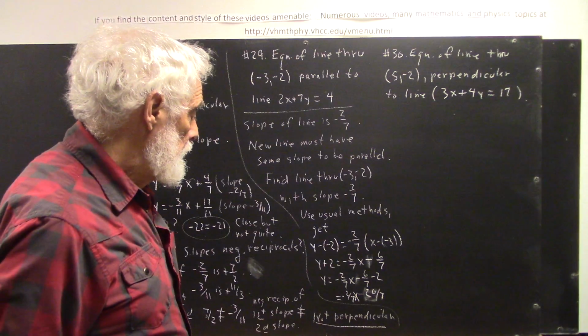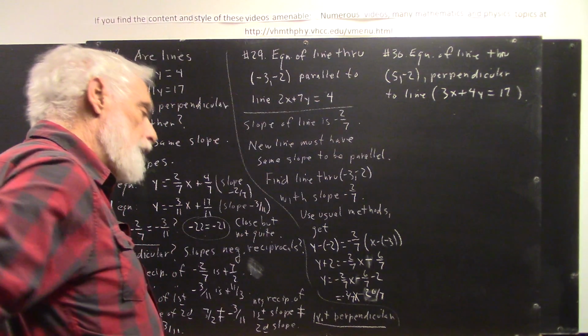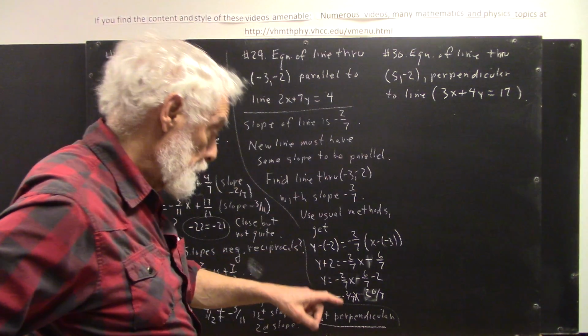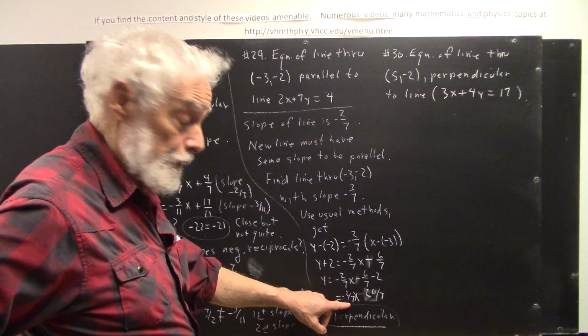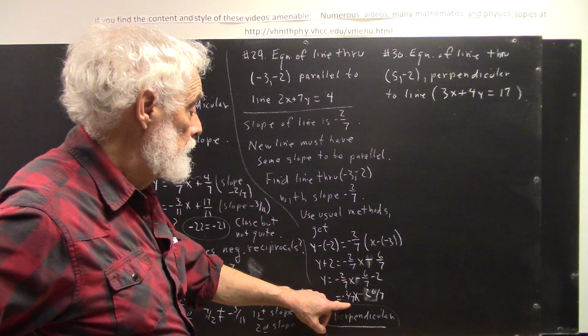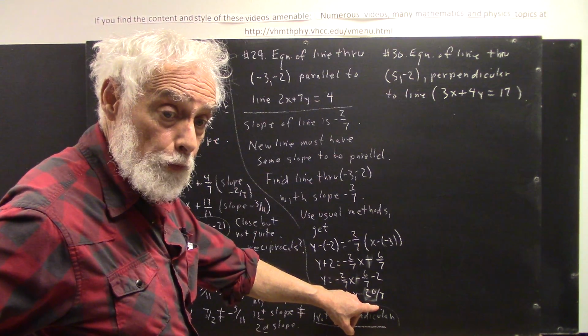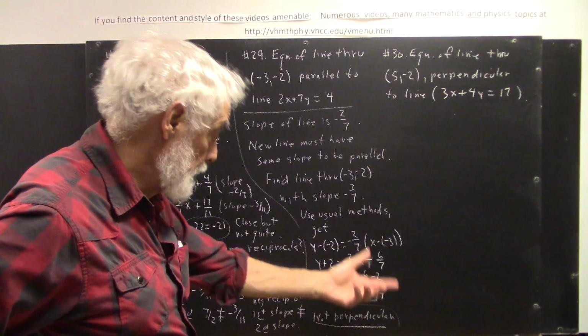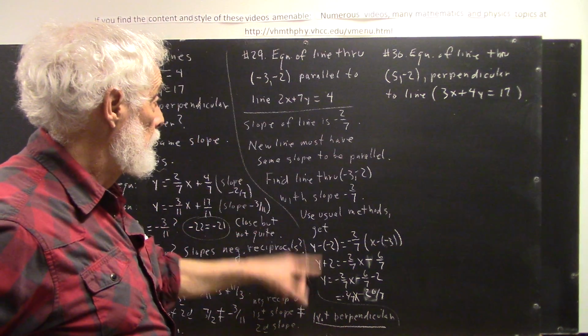So now if x is negative 3, we get 6/7 here, and negative 20/7 gives us negative 14/7, and 7 goes into negative 14 to give us negative 2, so y would be negative 2.